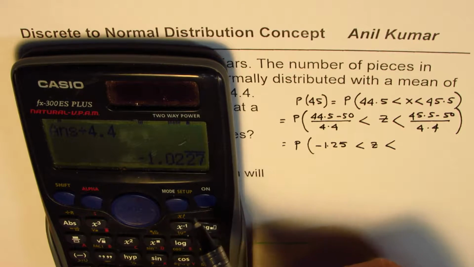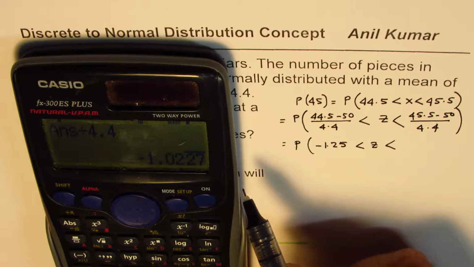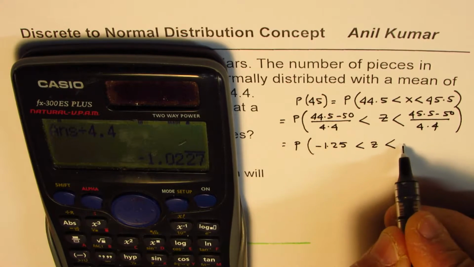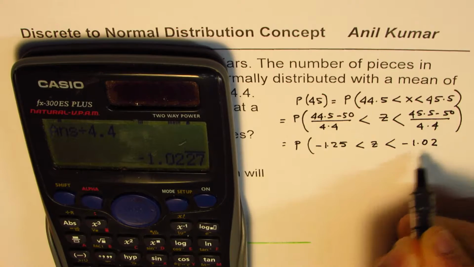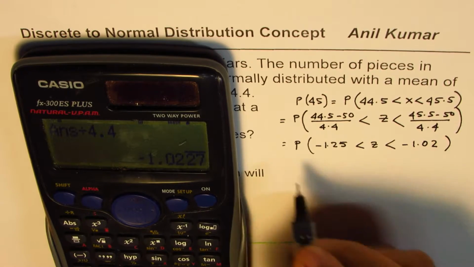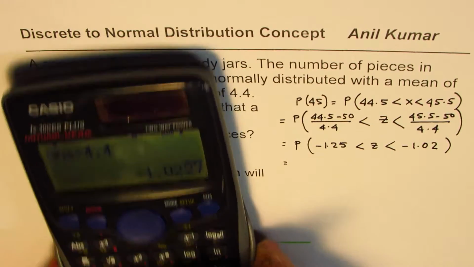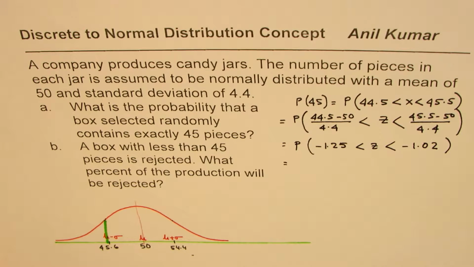Now whenever we are going to use the z-score, we have to round to 2 decimal places since we have those tables, right? So minus 1.02 is what I'm going to write. This really means what? Let's try to understand that also. So that means we are looking for z-score between these two values, right?